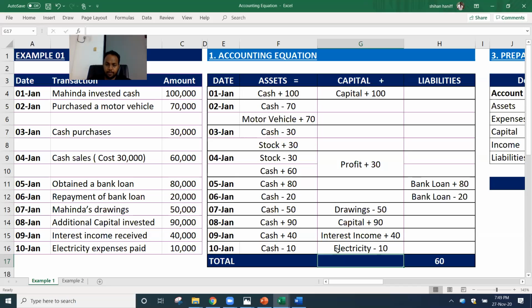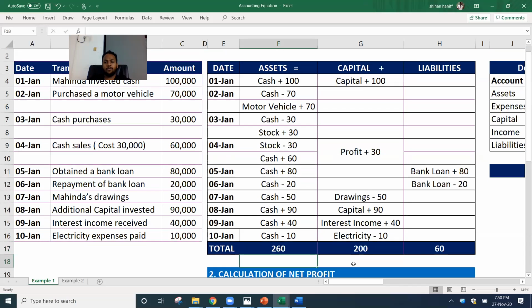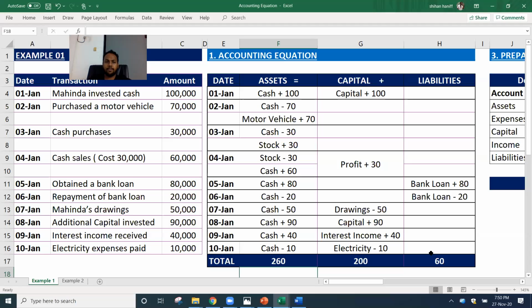Capital 100 plus 30 minus 50. Capital is 200, asset is 260. So that's how we prepare the accounting equation.